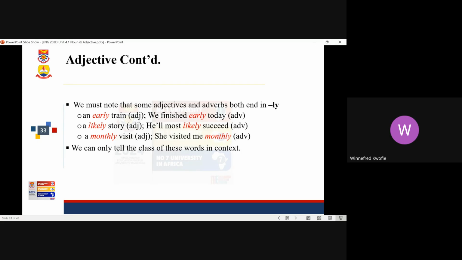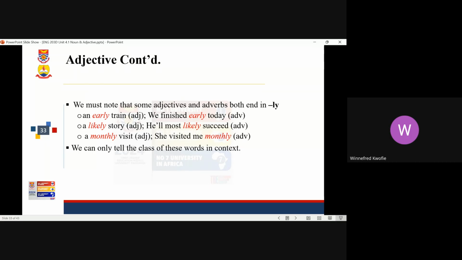Which train? Or what was early? The train. And the train is a noun. And so early there becomes an adjective. But when you look at the second one, we finished early. Early is referring to finish, or it's modifying finished. And finished is a verb. And so in this case, early there becomes an adverb, because it is modifying a verb.